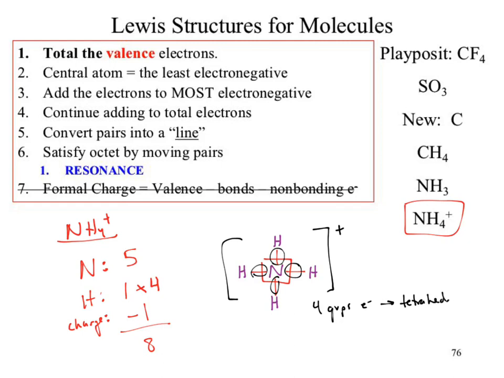For my molecular geometry, what do I need to do? I evaluate bonding versus non-bonding. All 4 groups of electrons are bonding, which means my molecular shape is also tetrahedral. Ta-da! Kind of makes sense?